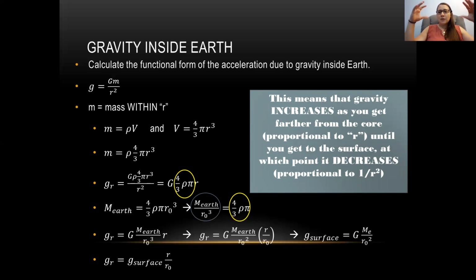And so at that point, we're getting farther and farther away from our mass, which is now constant because it contains that whole Earth. So at that point, from the surface outward, it decreases proportional to 1 over r squared. When you're inside the Earth, since you're adding to the mass of that imaginary sphere, it's increasing as you get farther away from the core.